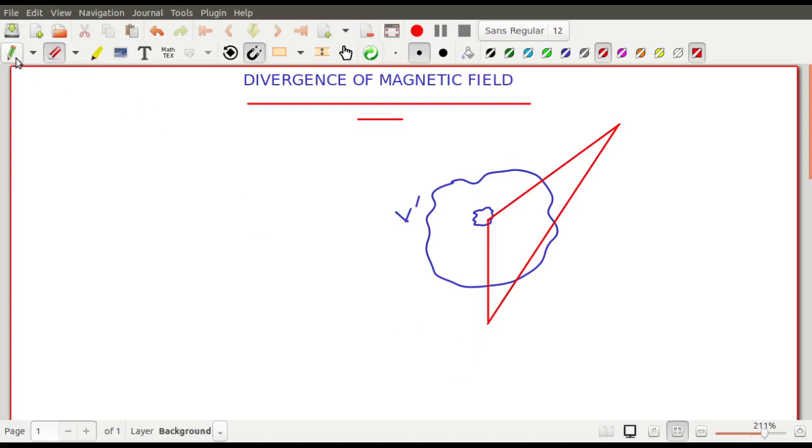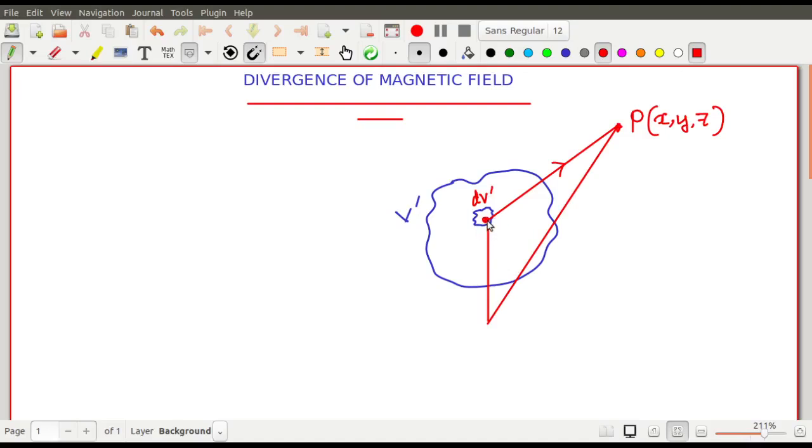This capital P is my point of observation, X, Y, Z. And this one is the volume that I have considered for my analysis, that is dV dash.